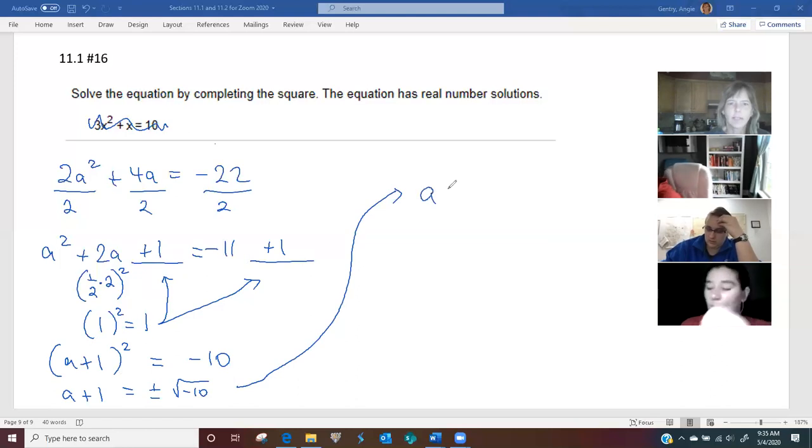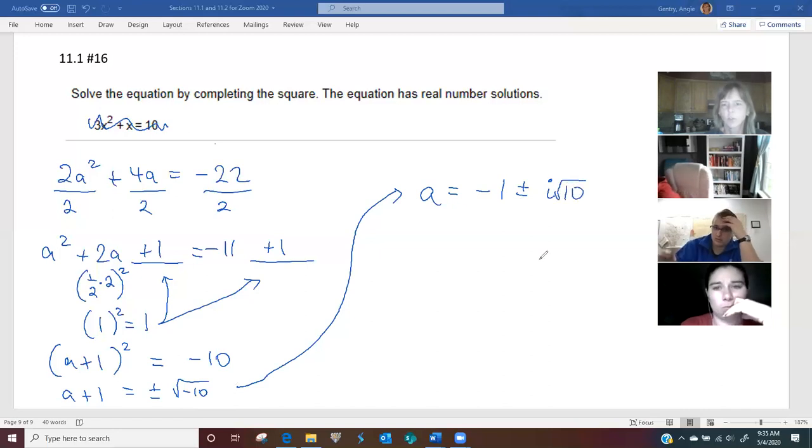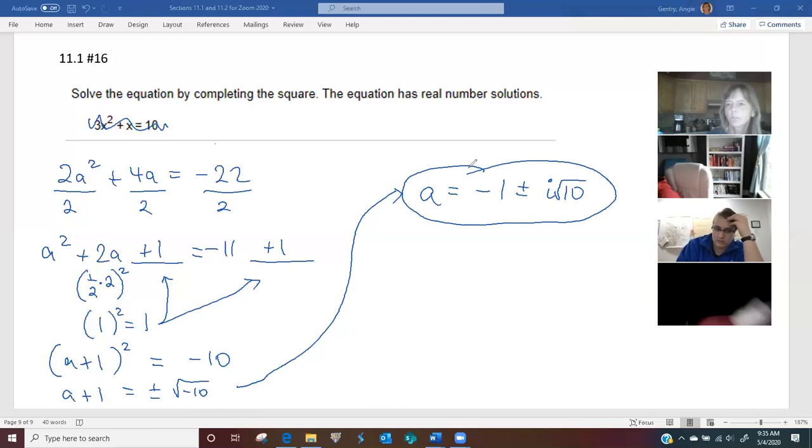And then you isolate the a. Now square root of negative 10 is an i square root of 10, right? This is very similar to the module 15 discussion, really. Does that clarify, or you didn't get that one, or you did?